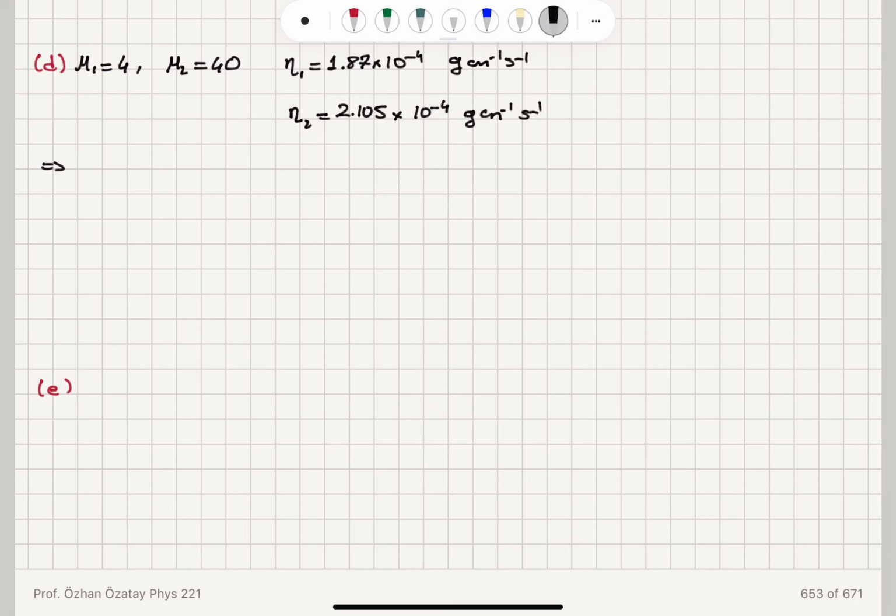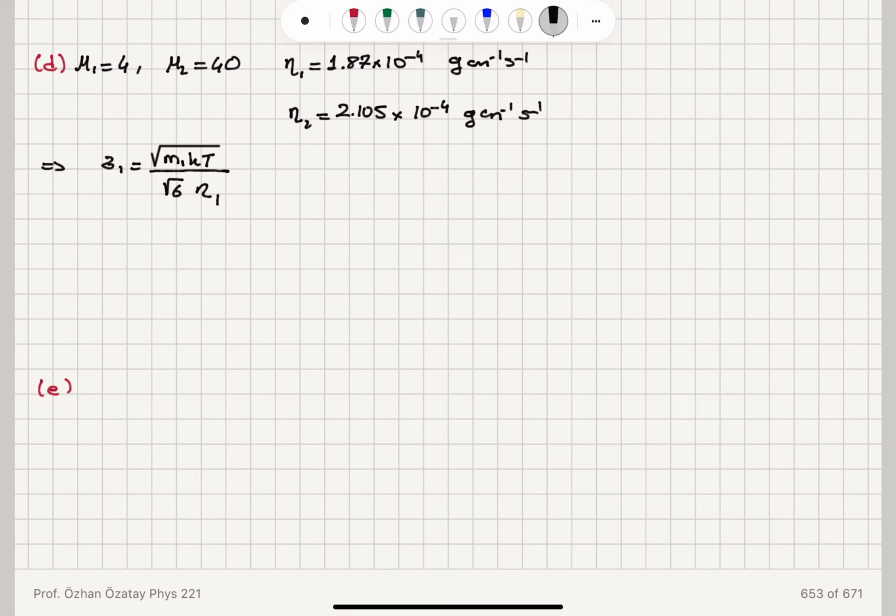So the total scattering cross section sigma 1 is equal to, from part A, square root of m1 kT divided by square root 6 times the coefficient of viscosity eta 1.